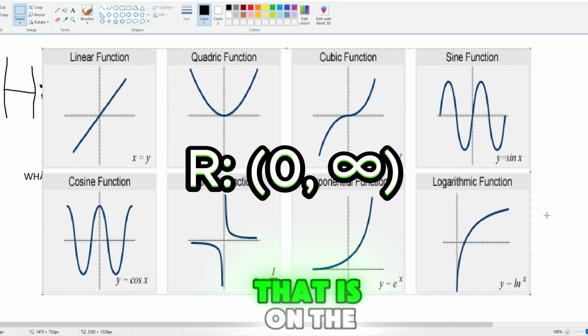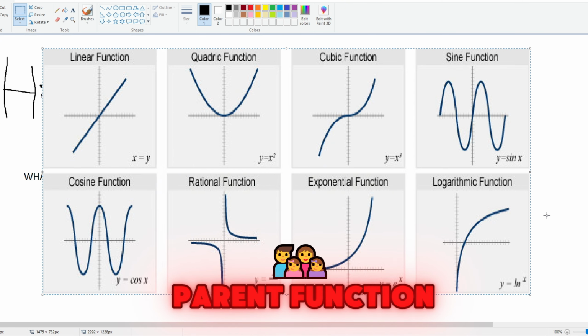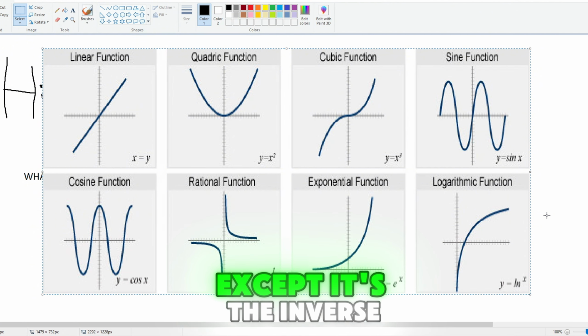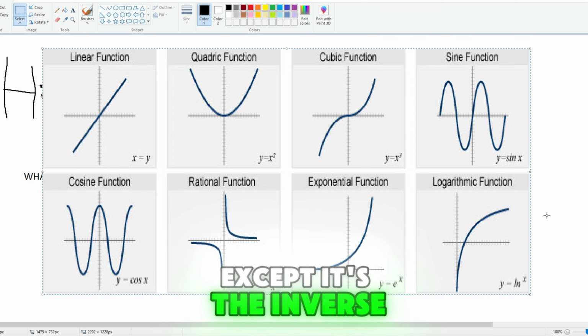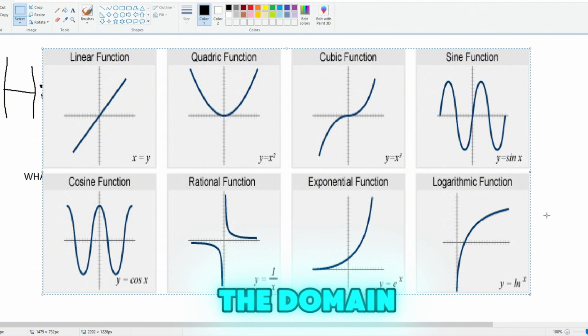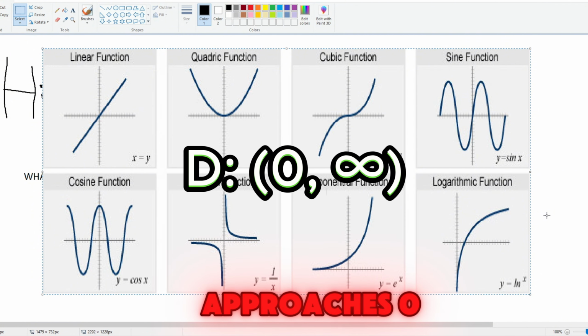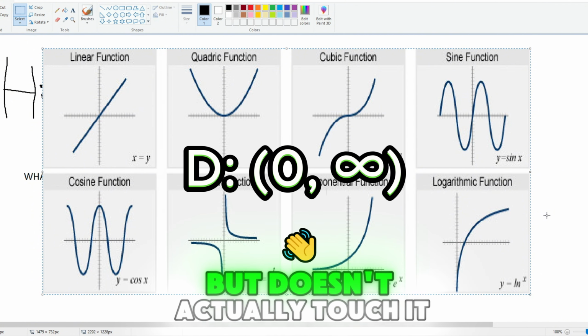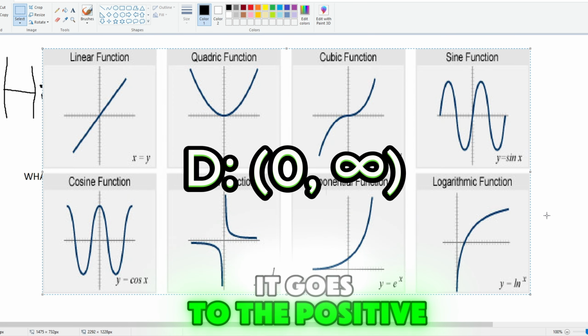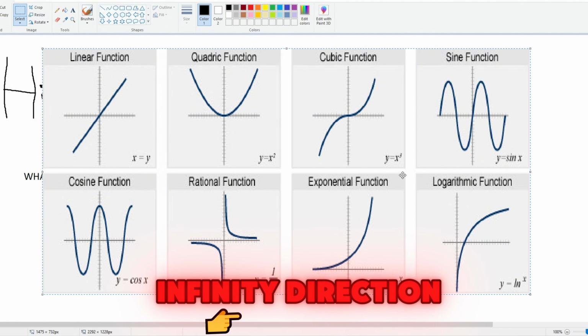That is on the parent function. The same goes for the logarithmic function, except it's the inverse, so what applies to the range applies to the domain. The domain only approaches 0 but doesn't touch it, and on the other end it goes toward positive infinity.